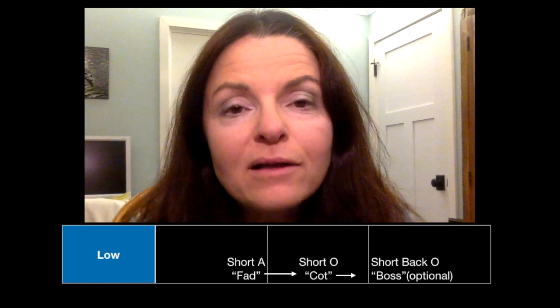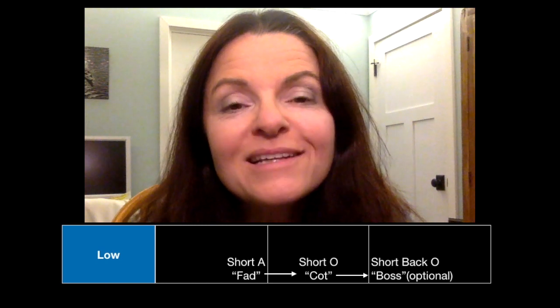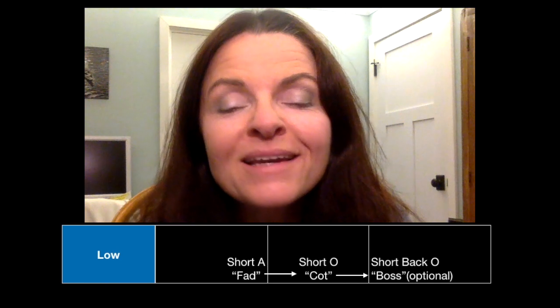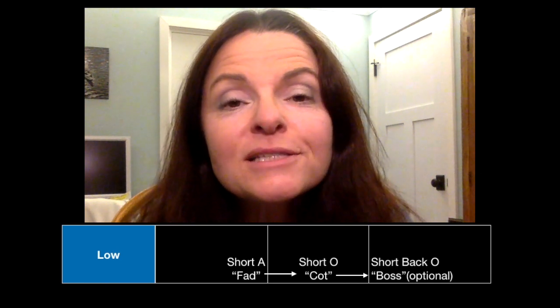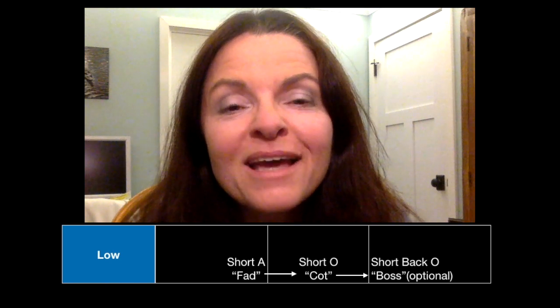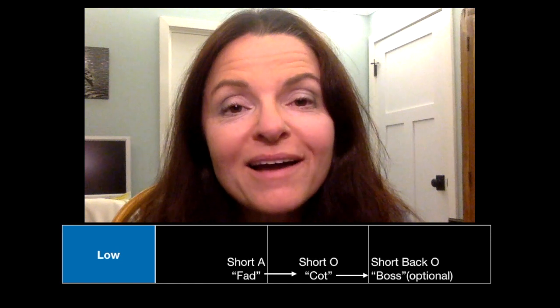The back vowel of the low vowels is the short back O, and it's optional because only 50% of Americans use it. Those who don't use it just use the central short O all the time. Notice how all three of these vowels are on about the same jaw height.